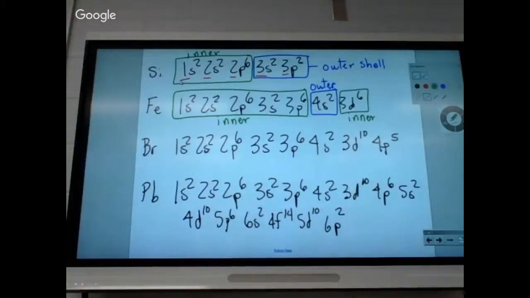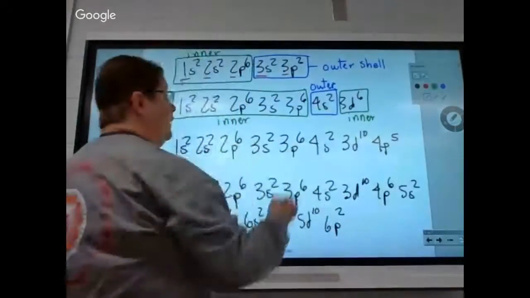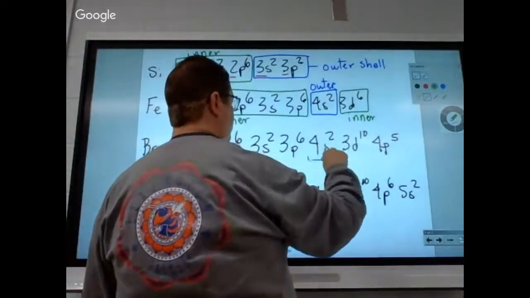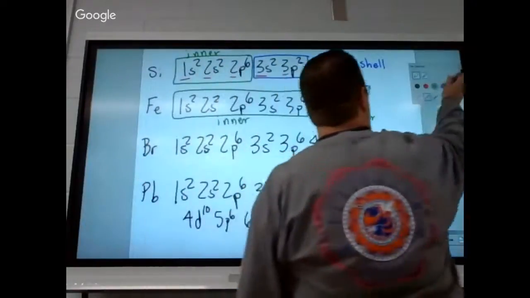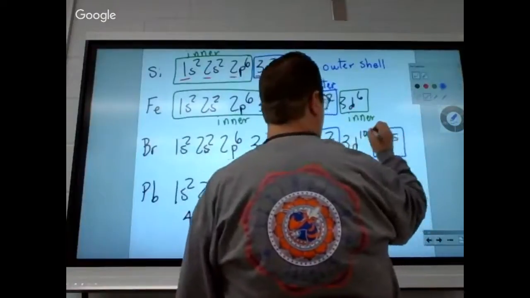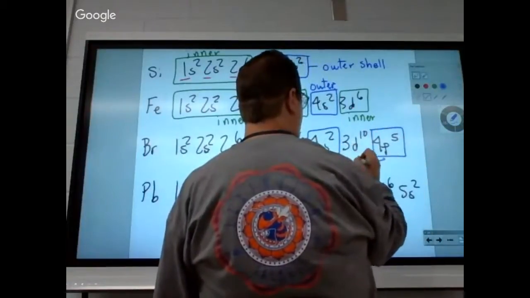Now, the other two I picked because they have something in common. What do you notice about bromine? It's an inner shell between. That's right. There's an inner shell between them. So you see the highest outer shell is a 4. There's one. Let me stick with the same color. It's here and here. There's your outer shell there.